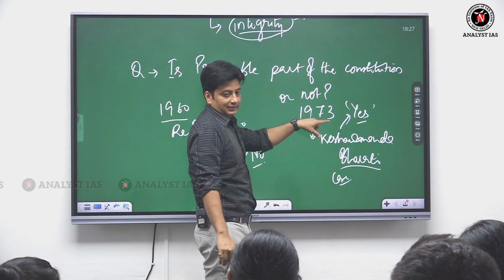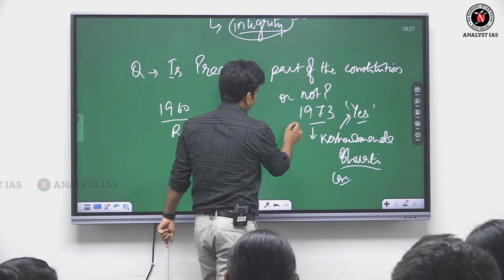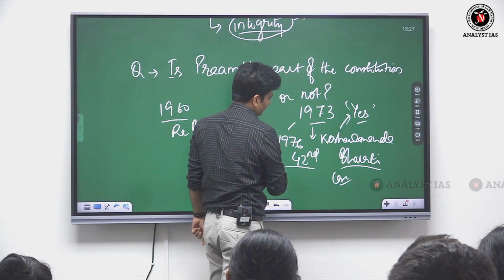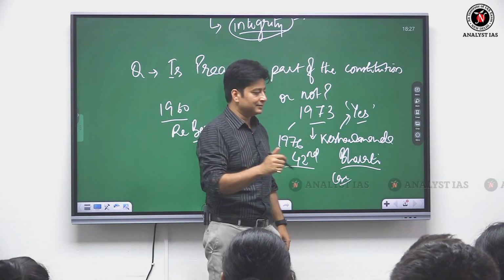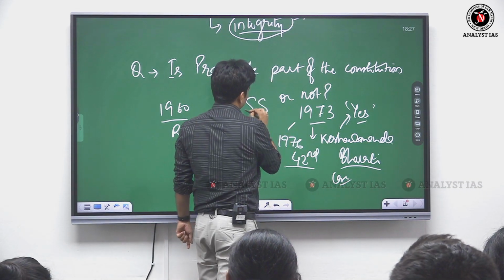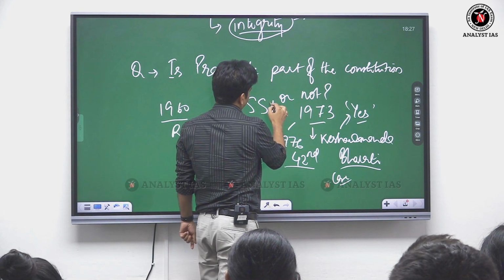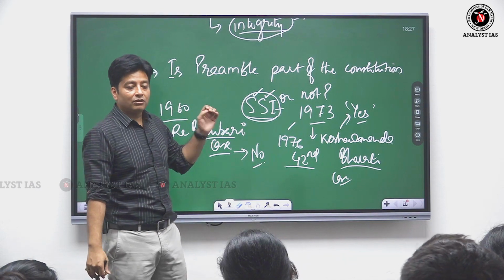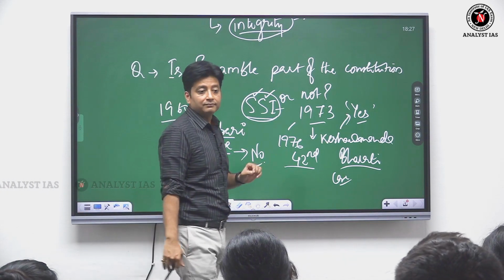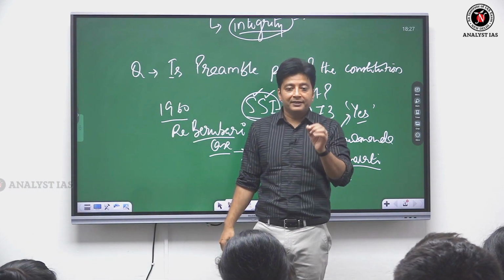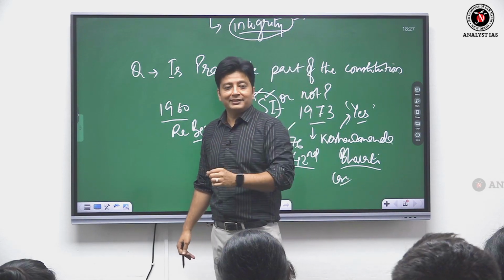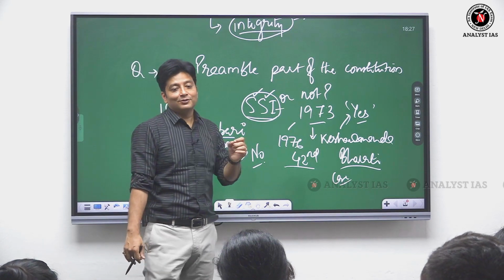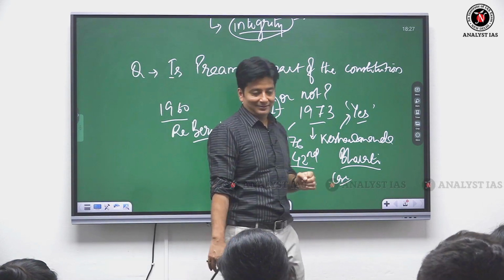And the testimony came from 1976, 42nd Constitutional Amendment Act, that it was amended, and 3 new words were added, that is sovereign, socialist, and also. Today preamble is not only part of the Constitution, but preamble's objectives are part of basic feature of the Constitution that they cannot be done away with.